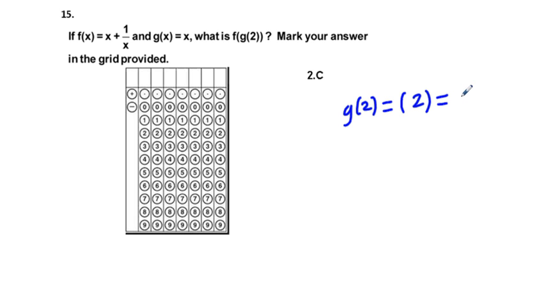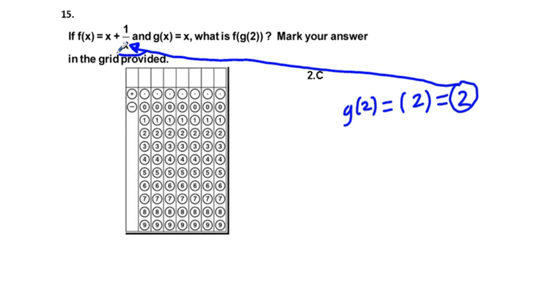So that's going to be 2. We take this 2 we found here and plug it in for this x here, and also for this x over here. So f of g of x is going to be equal to 2 plus 1 over 2.